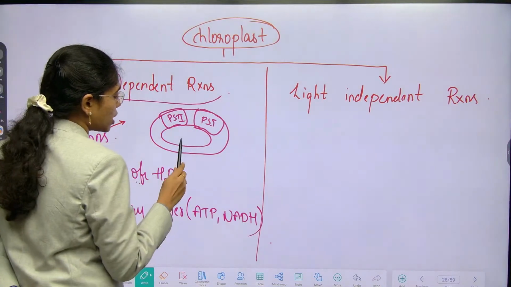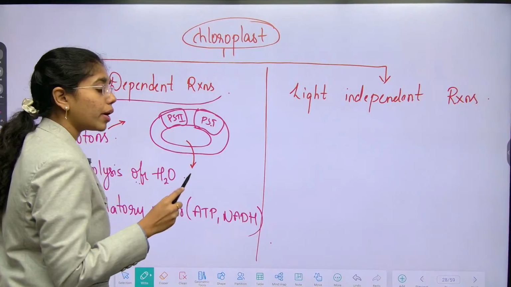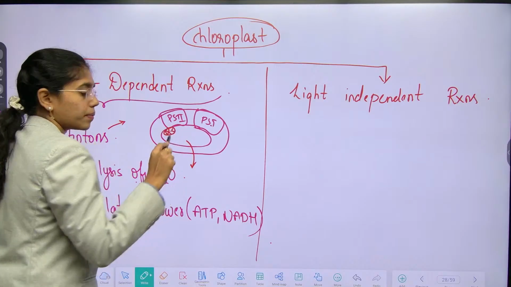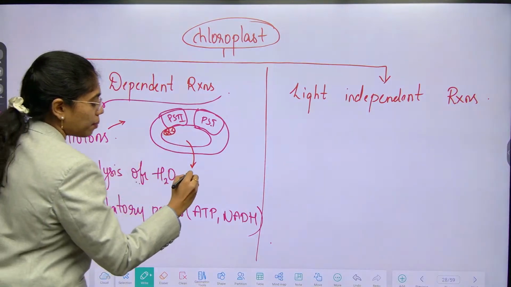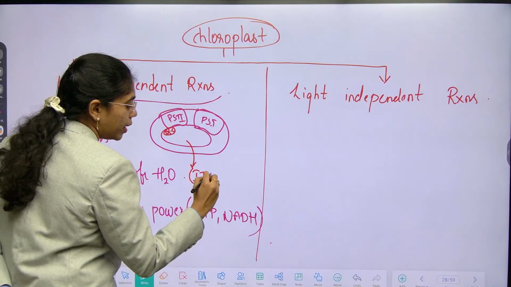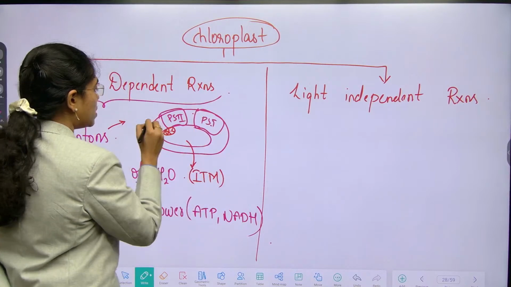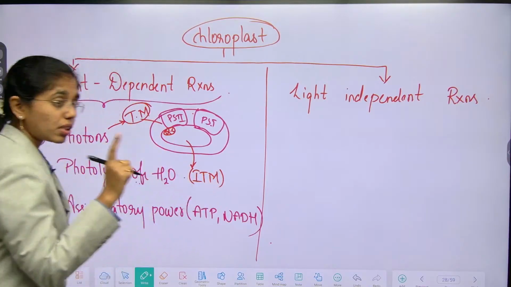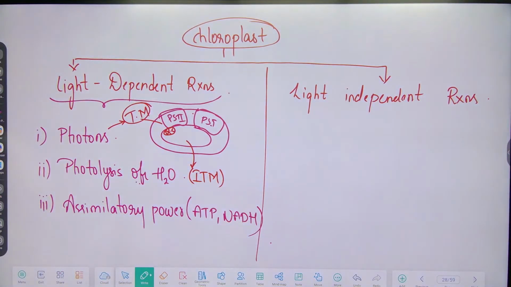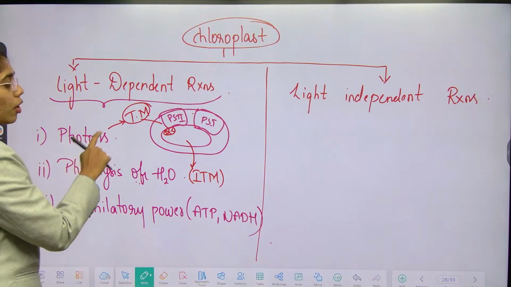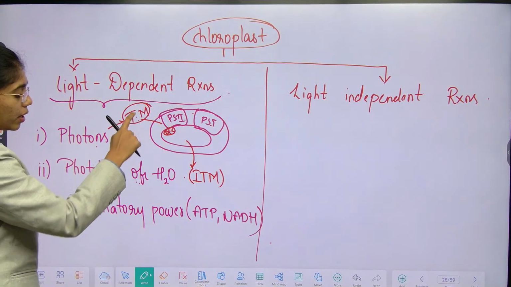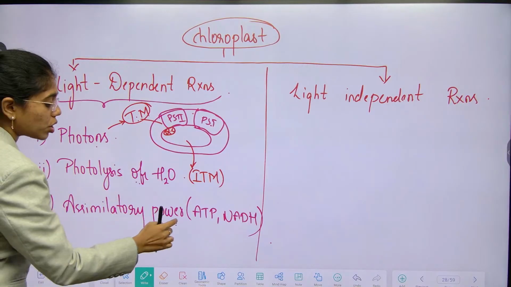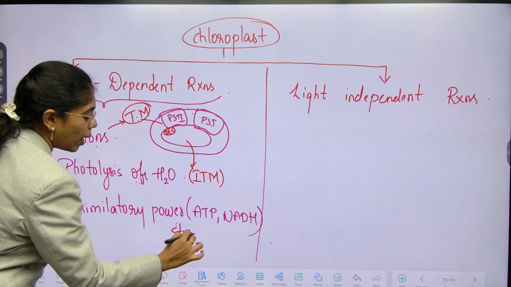Photolysis of water takes place on the inner side of the thylakoid membrane. Here there is a complex called the oxygen evolving complex. Locations are very important, the sites of reactions. Absorption of light in the form of photons happens in the thylakoid membrane, photolysis on the inner side of the thylakoid membrane, formation of assimilatory power in the stroma.